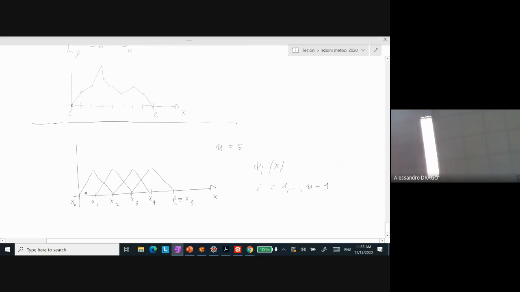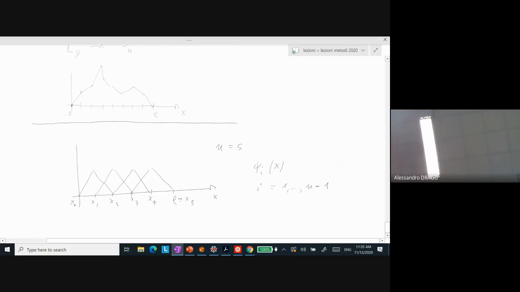Because we are, for the moment, considering only problems in which the solution is vanishing at 0 and at L. If we extend this discussion to problems in which the Dirichlet boundary conditions are not homogeneous, where the solution at the origin is equal to a number different from 0 and the same here, then I will need the other two functions.